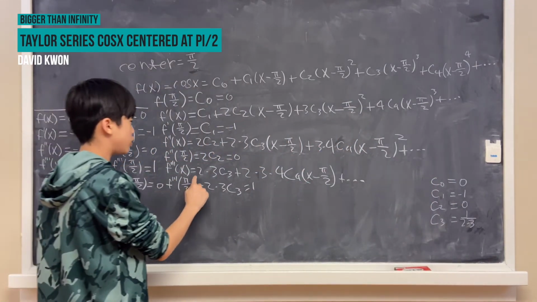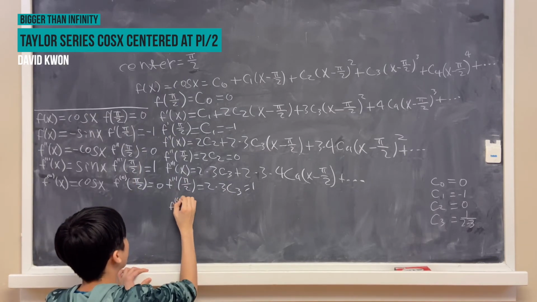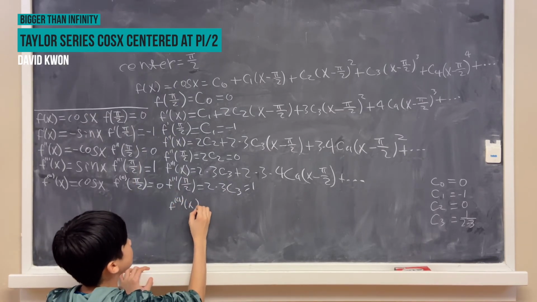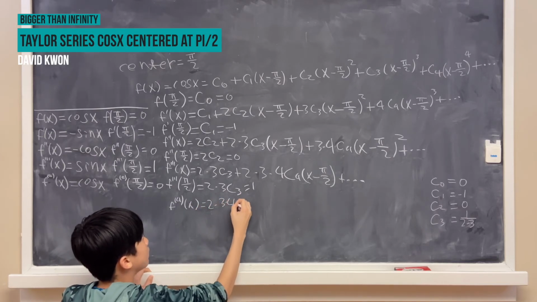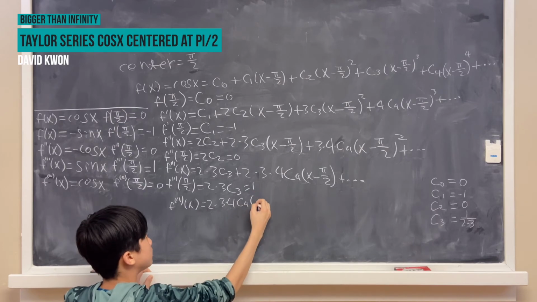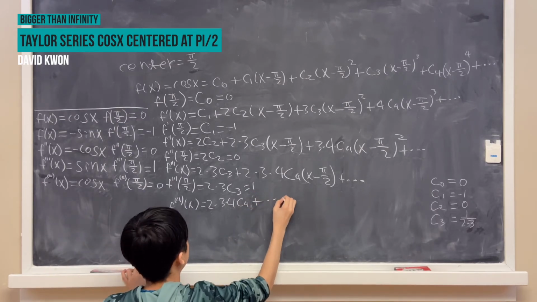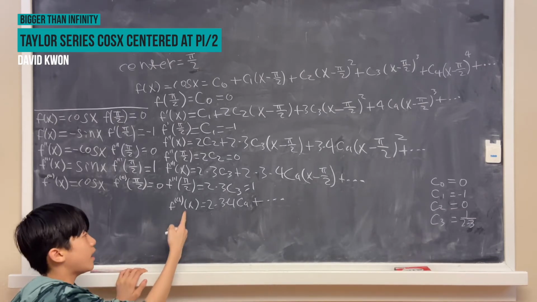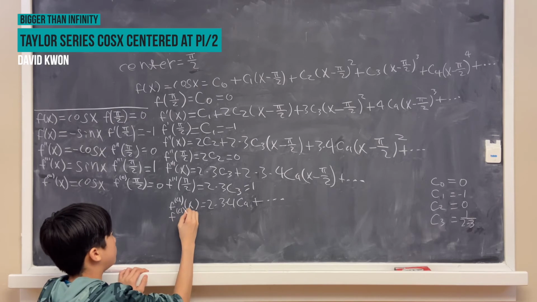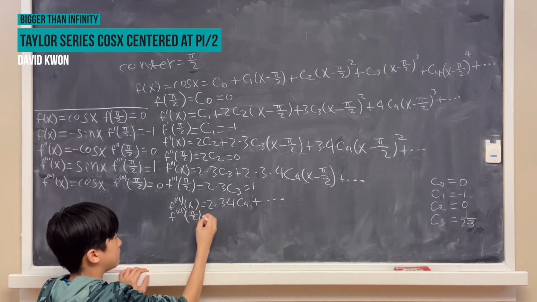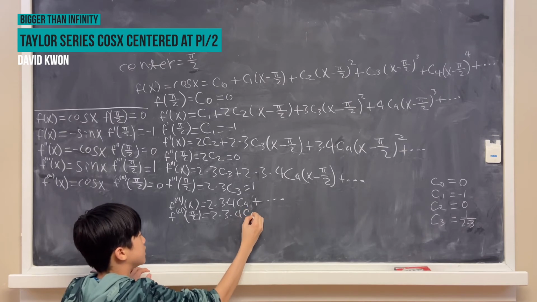Now we will differentiate this function again. So we only have f to the power of 4 x is equal to 2 times 3 times 4 times c sub 4 and then plus dot dot dot. And now setting our x as pi over 2, we have f to the power of 4 pi over 2 as 2 times 3 times 4 times c sub 4.